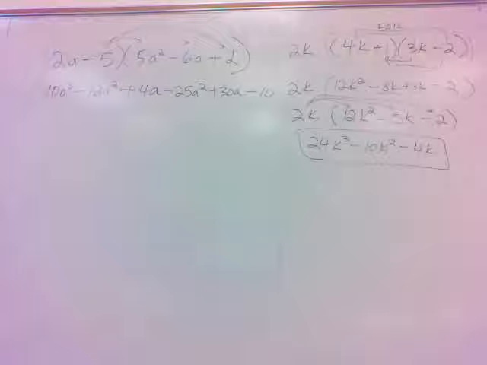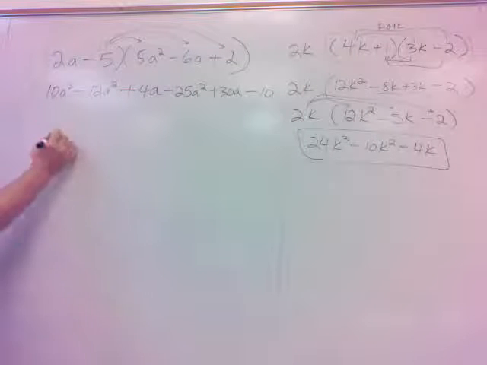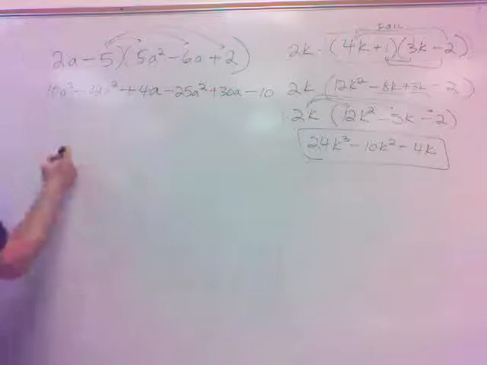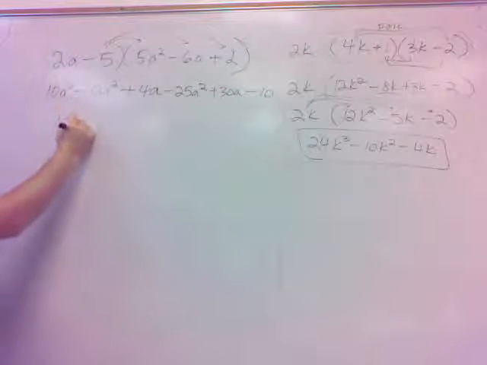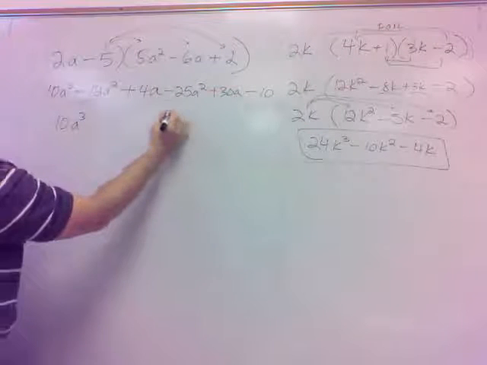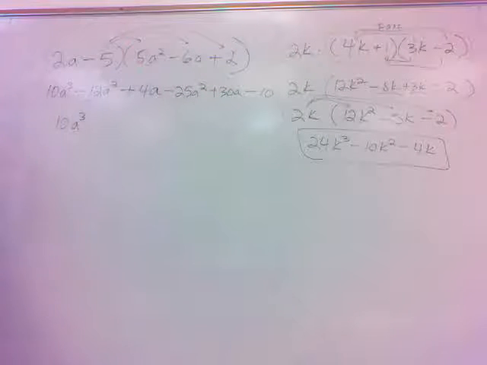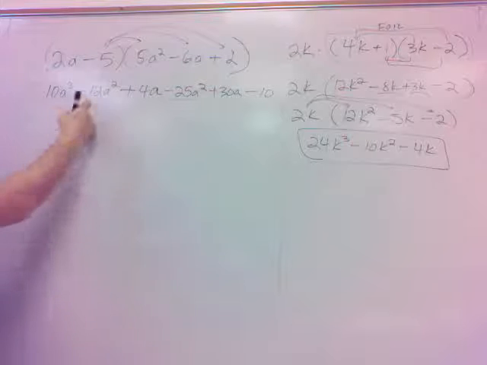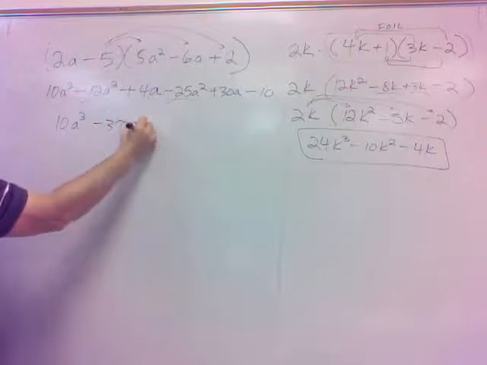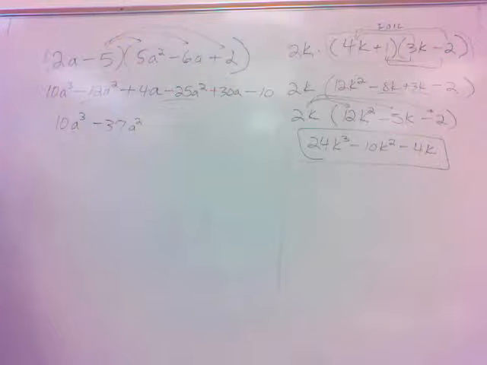And as happens a lot, there are some like terms, aren't there? What do I have like terms wise? Anything like the 10a cubed? No, because it's got to have a cubed on it, doesn't it? Nothing a cubed over there. However, I do have a minus 12a squared and a minus 25a squared. Got like terms there, don't I? Minus 12 minus 25 is minus 37a squared.